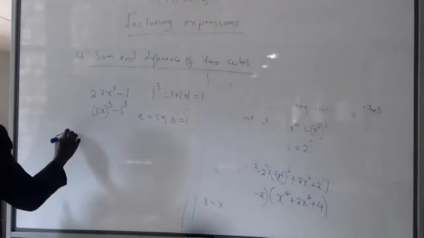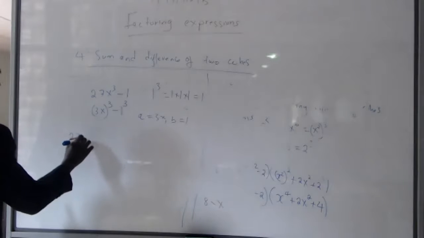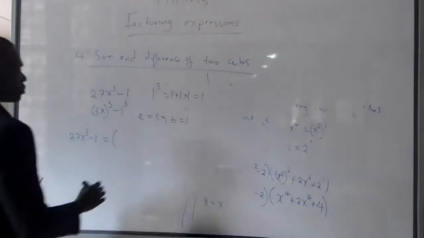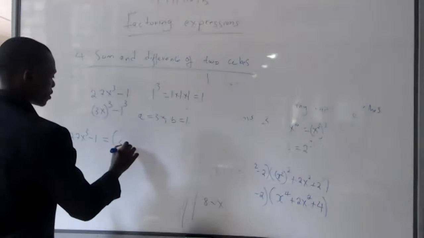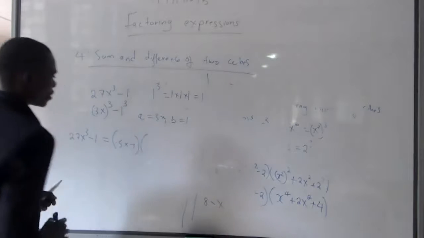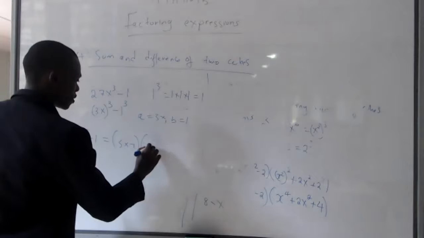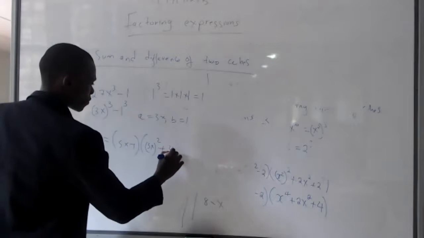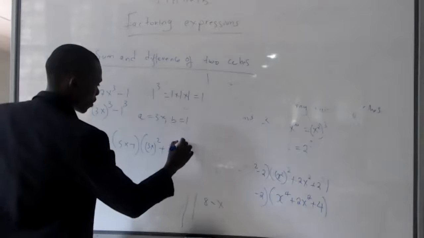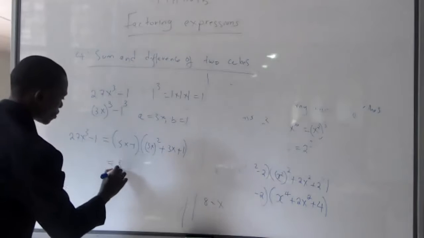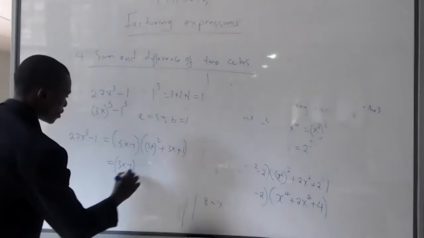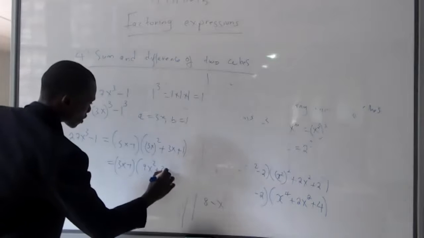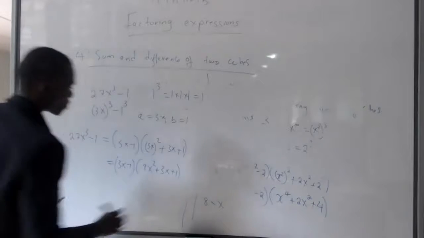So 27x cubed minus 1 will be a minus b, that is 3x minus 1, and then a squared is 3x squared, plus ab, 3x, plus b squared. This gives you 3x minus 1 times 9x squared plus 3x plus 1.